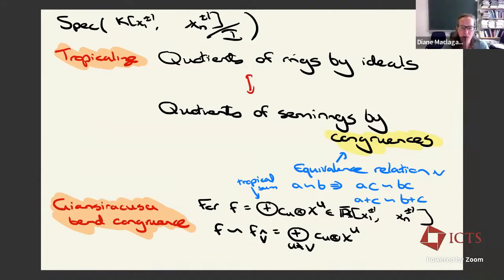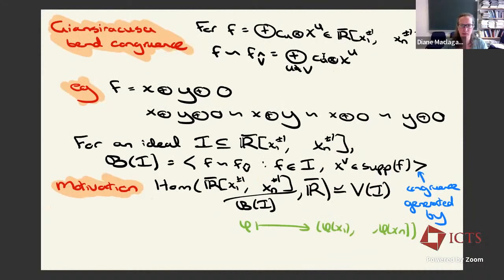I'll form the polynomial f_v hat, which is just I remove the term involving v from my polynomial f, and then I set f is congruent to f_v hat. And I'll do some examples of this on the next slide. Okay, but the idea is you give me an ideal, I form this congruence by, well, for every polynomial, I set it congruent to the polynomial with terms removed. Okay, so this is just the same definition at the top here from the previous slide.